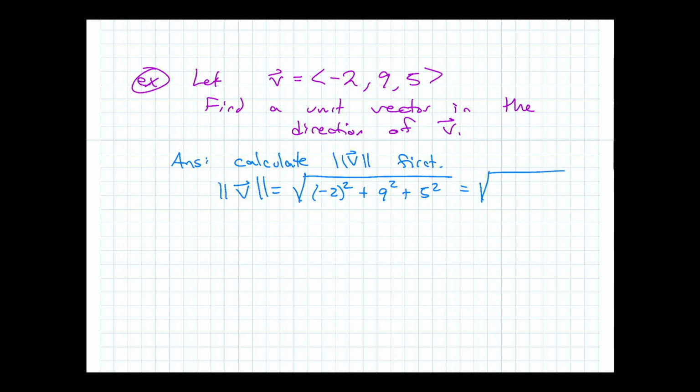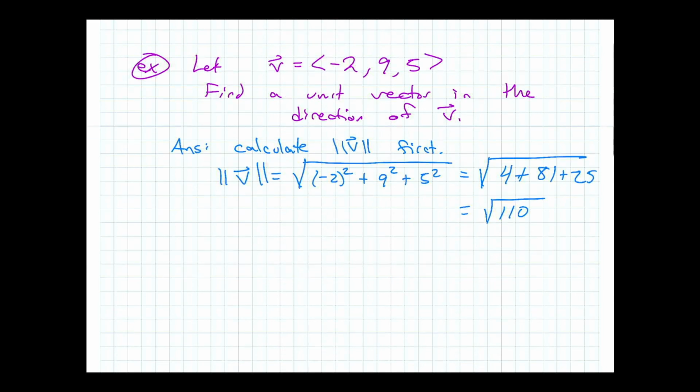So it's the square root of 4 plus 81 plus 25. I mean, why do I have to add? Why is my life so hard? Okay, 81 and 4 is 85. Is this 110? I feel like this is 110. Okay, let's say it's 110.